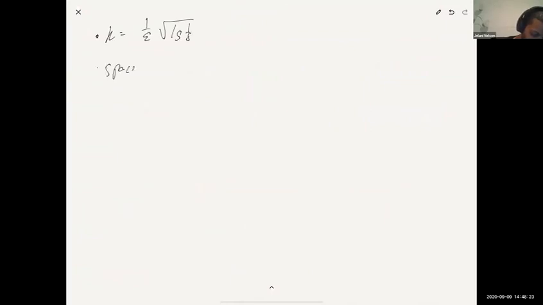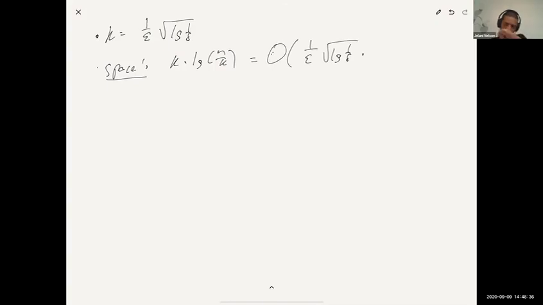The space is k times log of n over k, which for us then becomes something like O of 1 over epsilon square root log 1 over delta times log of epsilon n over root log 1 over delta.